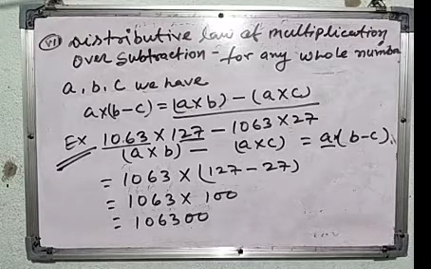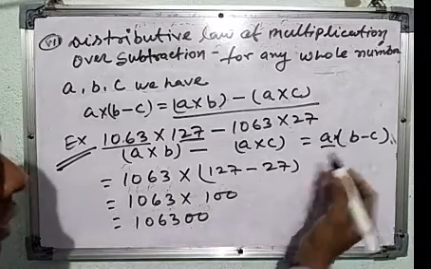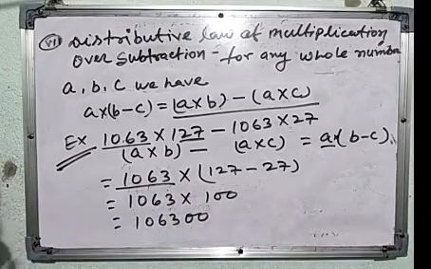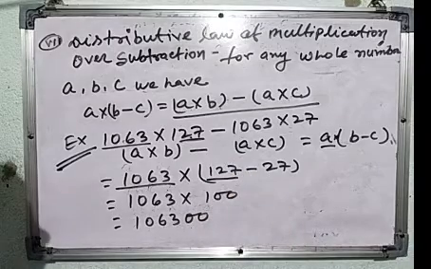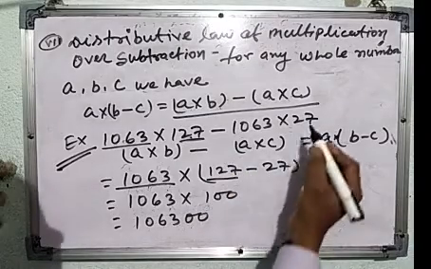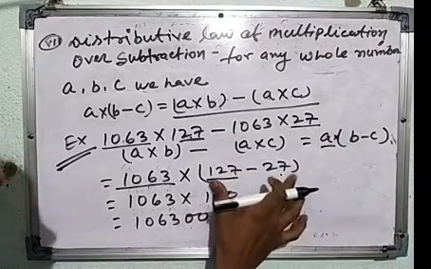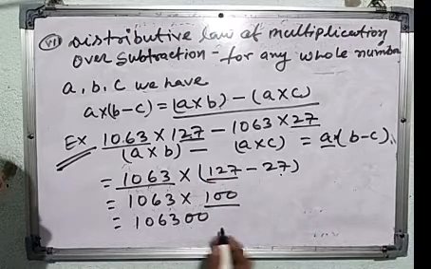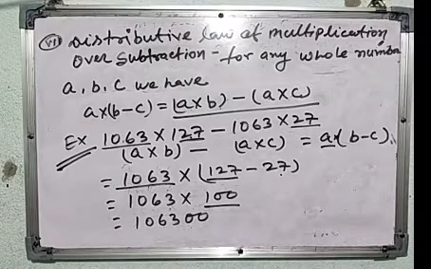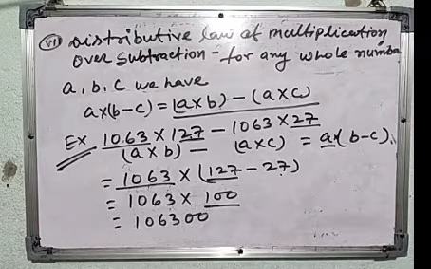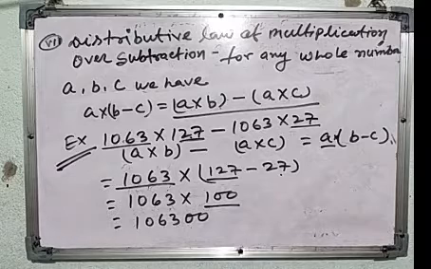First you take the value of A, 1063, then the value of B, 127, and the value of C, 27. If you subtract, we get 100. So you multiply with 100, we get 1,06,300, your product. So today you learned some properties.